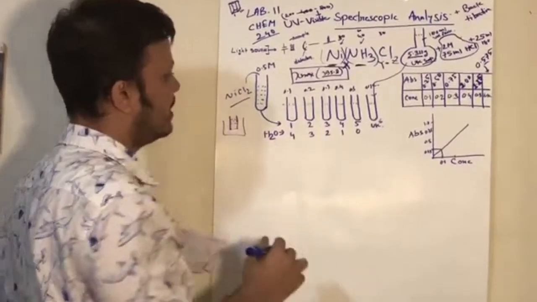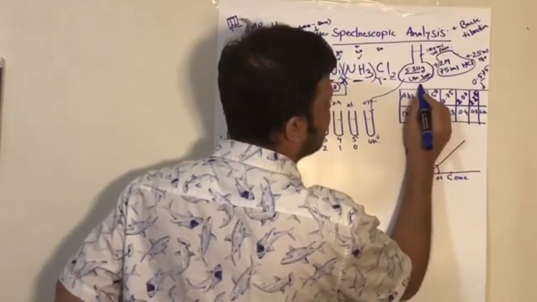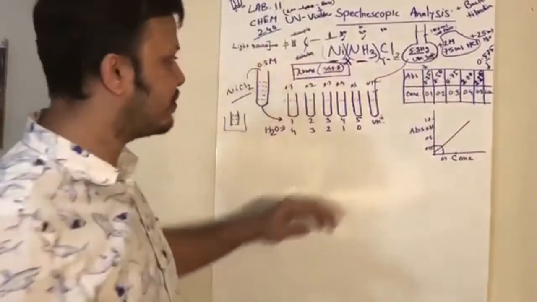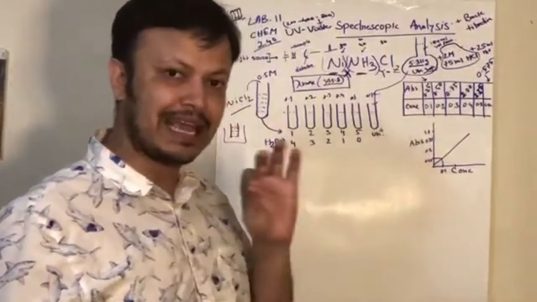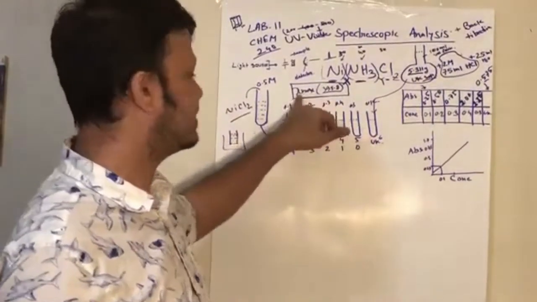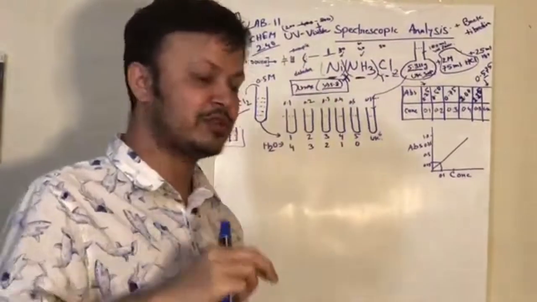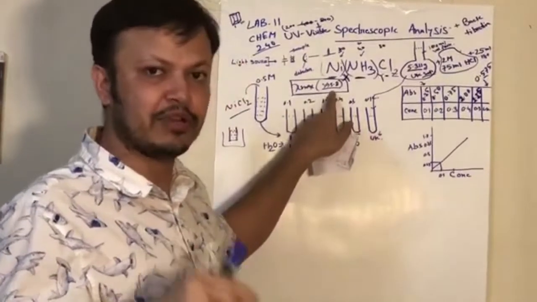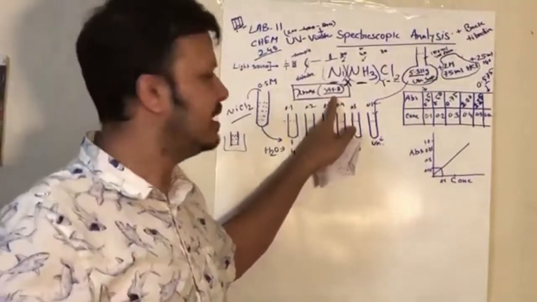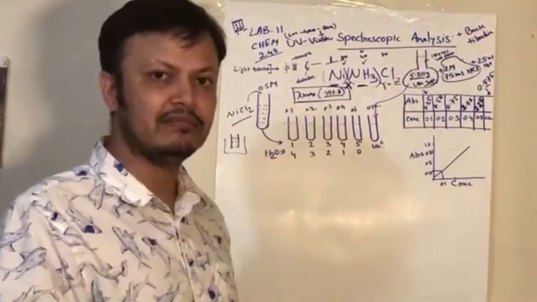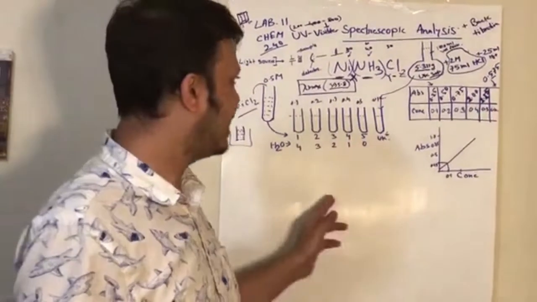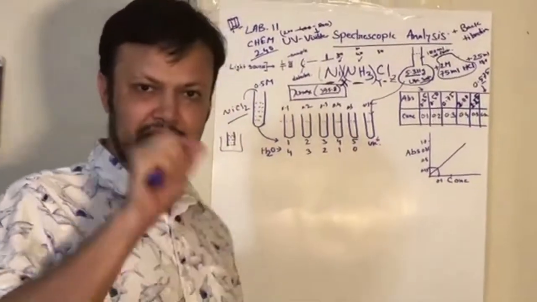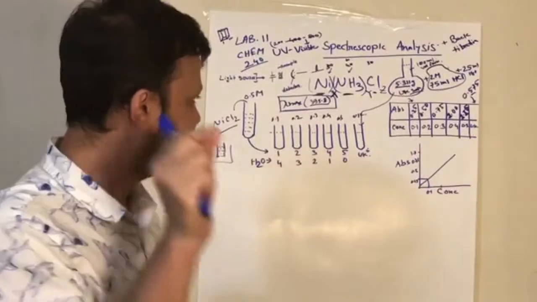After putting it in, find out the absorbance. When you are going to find out the absorbance, at that time you have to put in the lambda max. So in the computer you have to put this lambda max, 395.8. Whatever lambda max you get, you put that, then run the sample, and you will see a point.